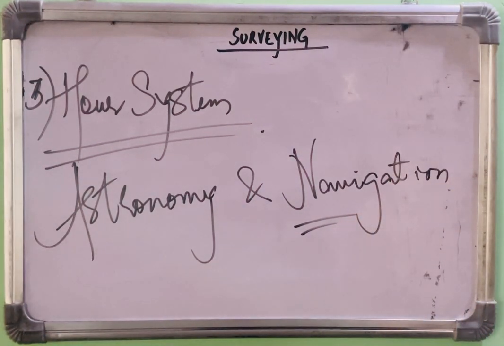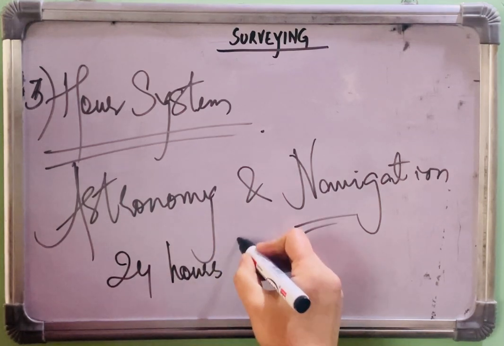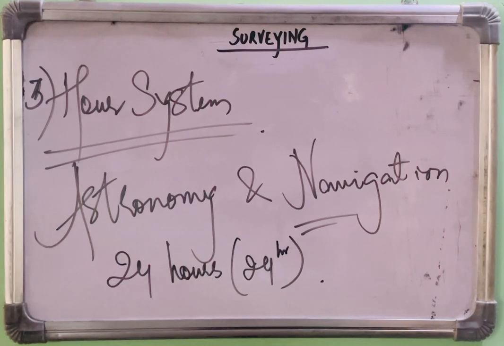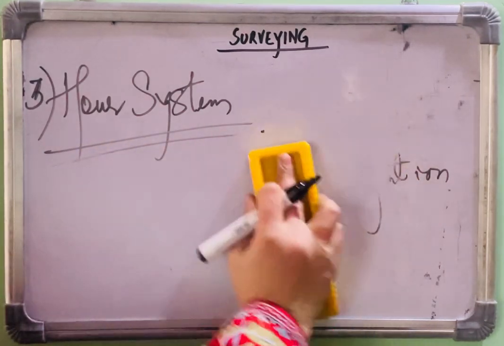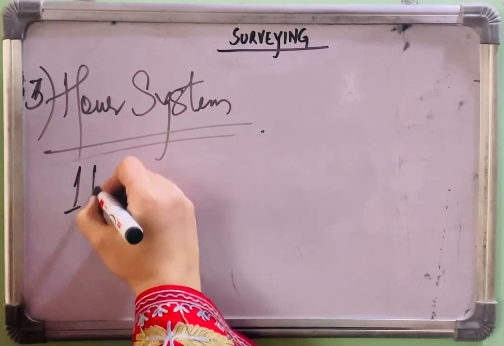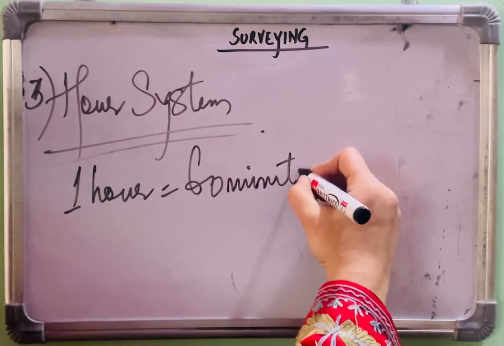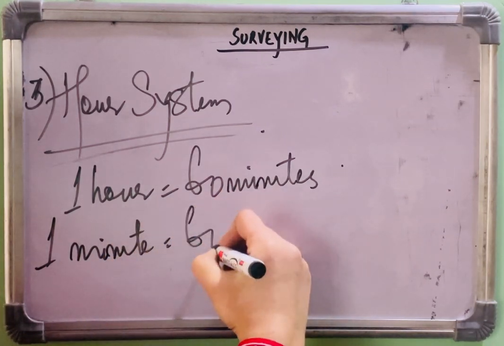According to this system, one complete rotation is divided into 24 hours, and the hour is further subdivided into minutes and seconds, wherein, let me write it down, 1 hour is equal to 60 minutes, and 1 minute is equal to 60 seconds.